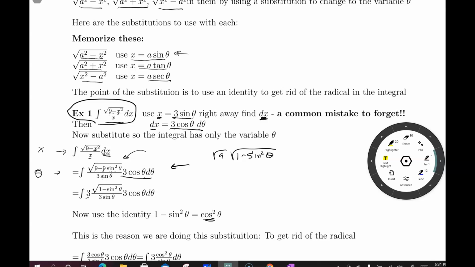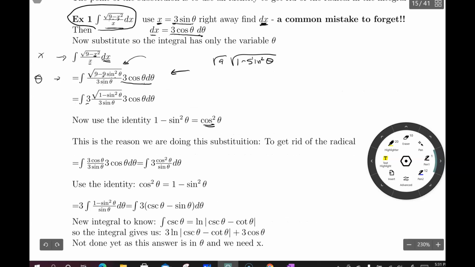Again, I'm just reiterating, the reason we're doing this substitution is to get rid of the radical. So I have cosine squared underneath the radical, and the square root of cosine squared is cosine. I carry everything else along that I've got. Then these two 3's cancel. So I've got a 3, a cosine squared, and a sine.